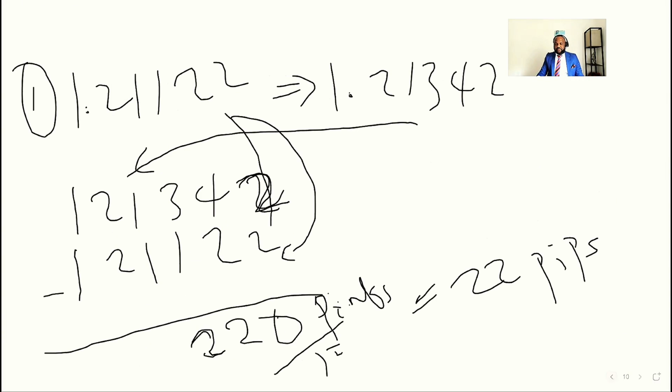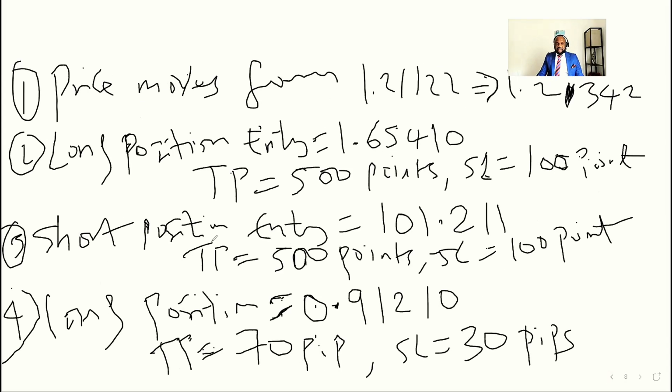The third one says we should take a short position with entry at 101.211, and a TP of 500 points and SL of 100 points. Take profit of 500 points, stop loss of 100 points.